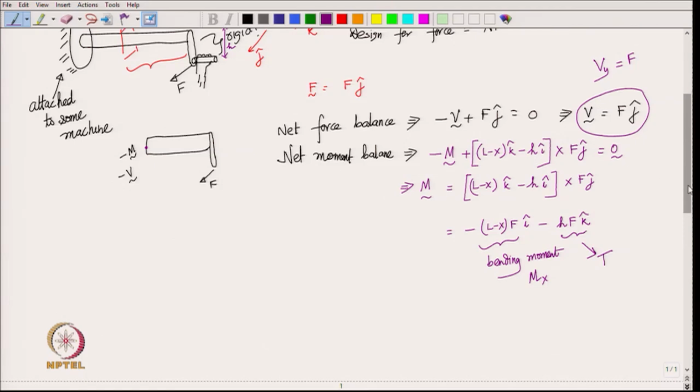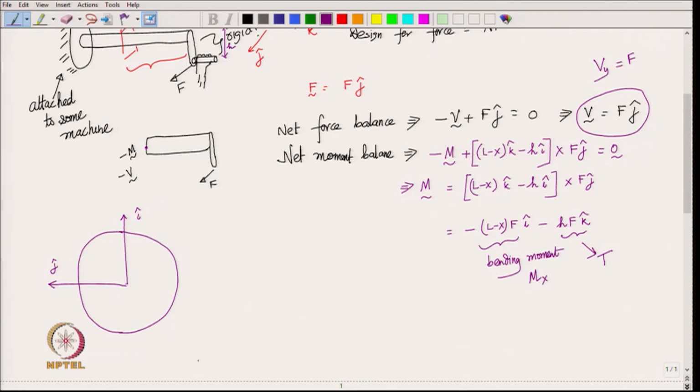So, what are the various stress components that generate due to these loads in the cross section? So, due to shear force V y, we will have shear stress tau z y, right, on the z plane, on the cross sectional plane and in the y direction. Let us draw the cross section. So, here is your cross section, and then we have i axis and j axis in the cross section, okay.